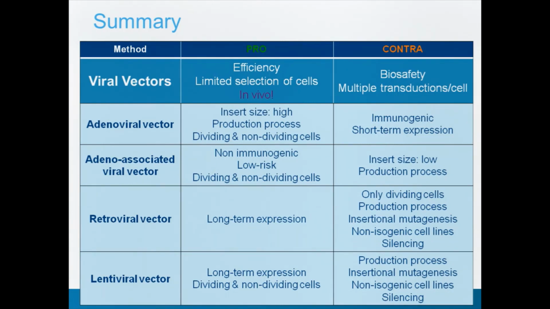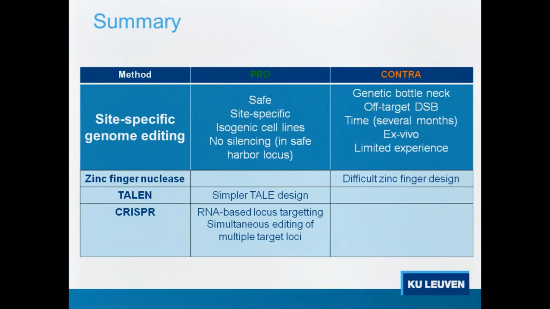Retroviral vectors, again, long-term expression, but you have problems of non-isogenic cell lines, insertional mutagenesis, and silencing. And the same goes for the lentiviral vectors, but they have the advantage that they can target both dividing and non-dividing cells.